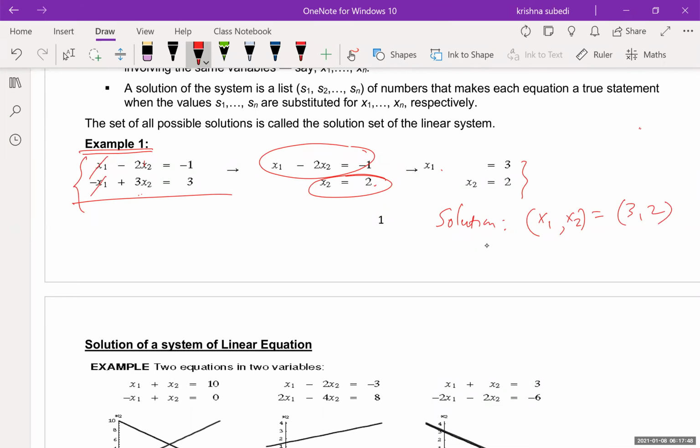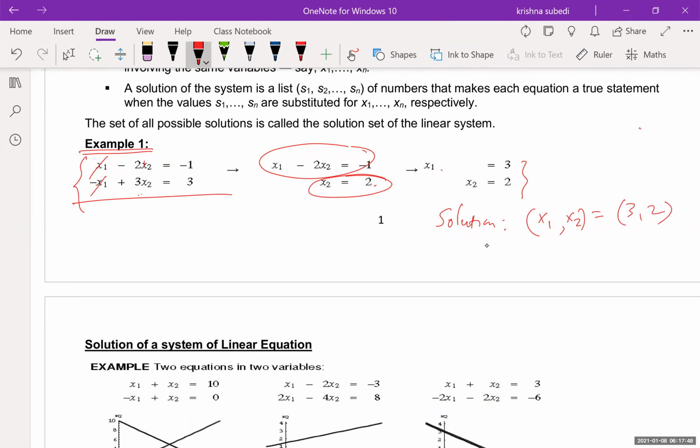If you look at the equation graphically, let us look at another example. If you draw the graph of this equation, you will get this. It means these two lines intersect at a point, and we call it the solution set.